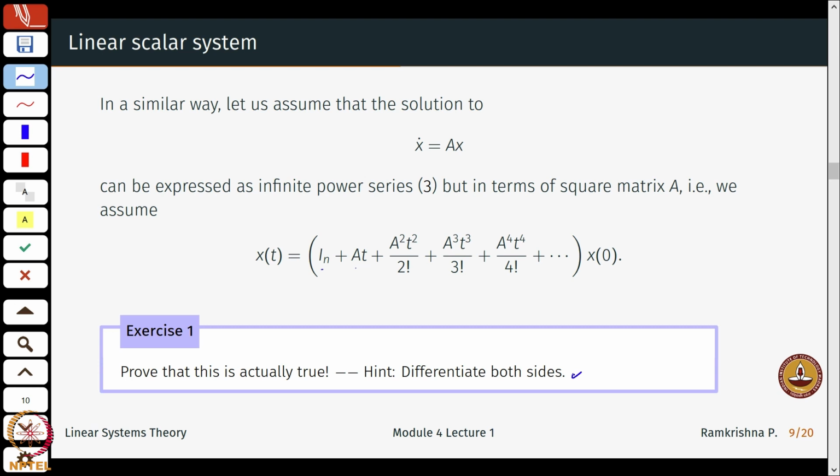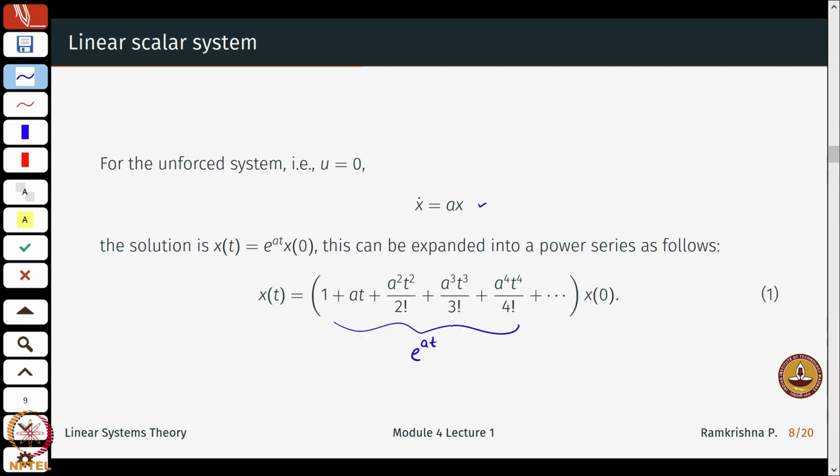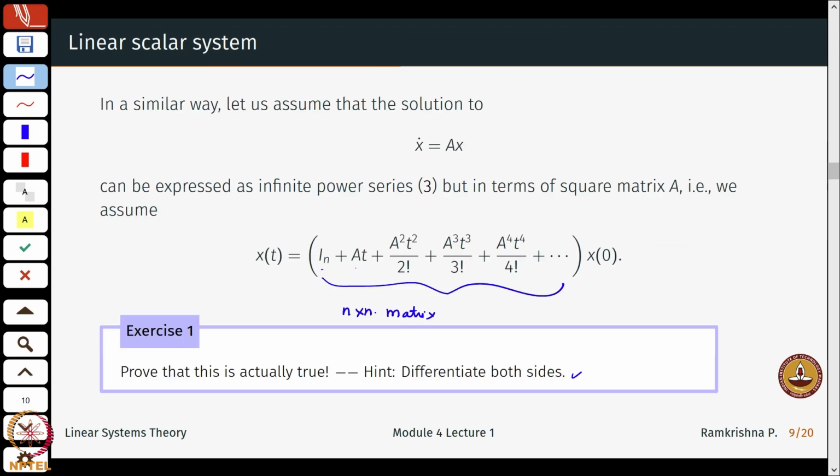This is an n cross n matrix. Similar to what was happening previously, loosely speaking, this is just a substituted by the matrix A.